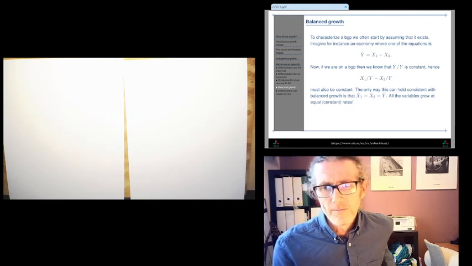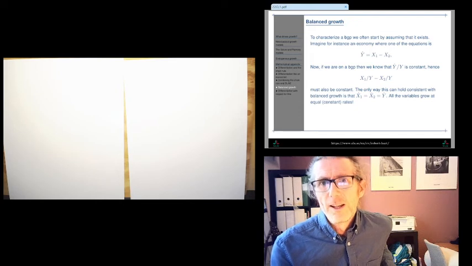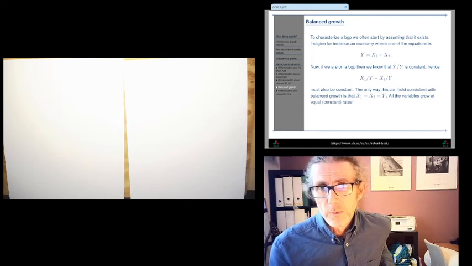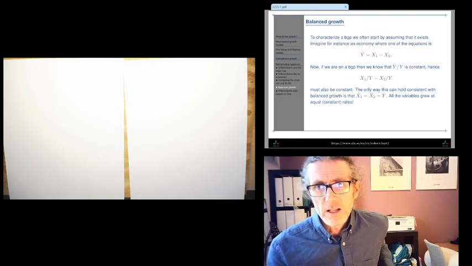Well, of course, there are as many balanced growth paths as there are models, so you could maybe think it's hard to say anything general, but actually there is something general we can say, which is that very often we start by assuming that a balanced growth path exists, and then based on that we can actually characterize it.